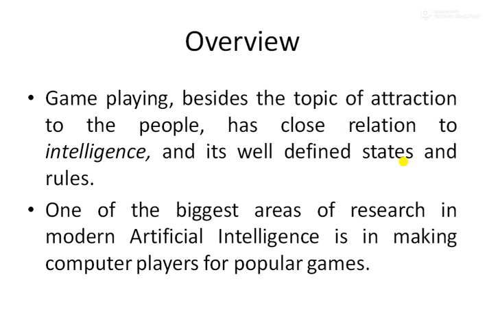Definitely, before making a move, one player will have to think from the perspective of the opponent. So if you make one move, what is the chance that that move will not be erased by the opponent? So for playing chess, we can define different states, and for making the moves we can frame different sorts of rules.